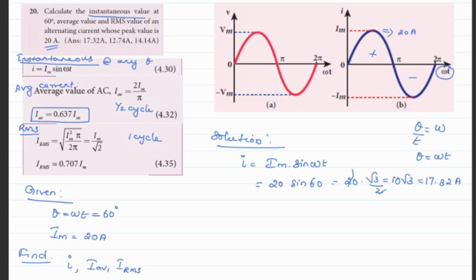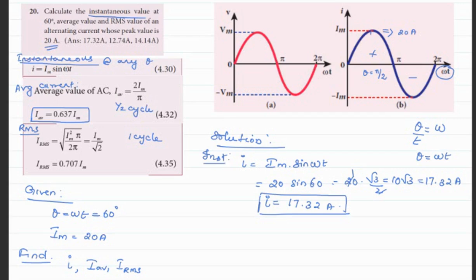So instantaneous current I is equal to 17.32 ampere when it is at 60 degree. If 180 is given, what will come? Look at this graph, at 180 it is again 0. So where does I max of 20 amps come? It comes at theta is equal to pi by 2. Okay, this is instantaneous.